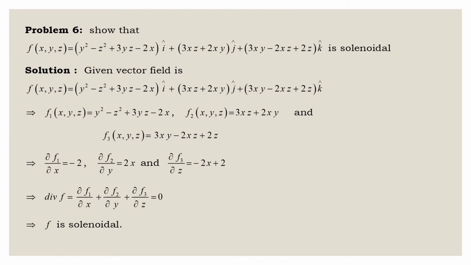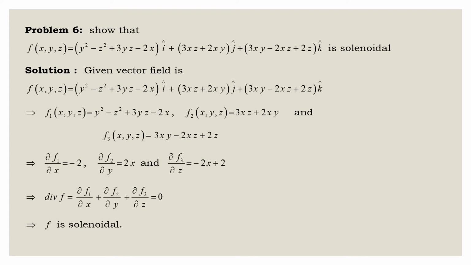For this component function, dou f1 by dou x is equal to -2. If we partially differentiate f1 with respect to x, we get -2 only, because all the remaining terms in this function don't involve x.